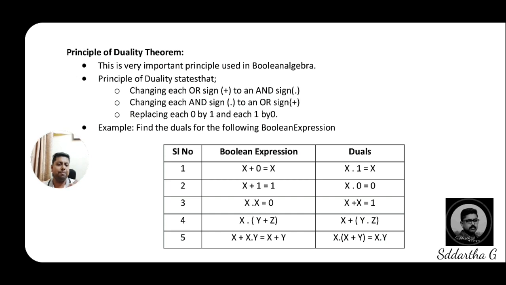Where the plus is there, you just apply the dot, in between x and y. Here the left side expression is x plus x̄ into y, and the right side expression is x plus y.